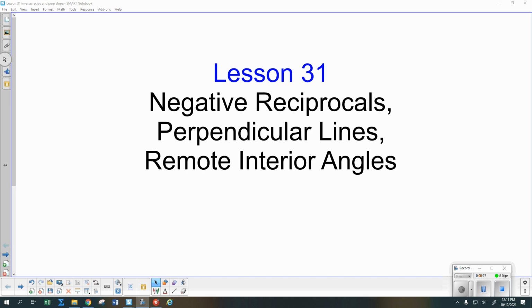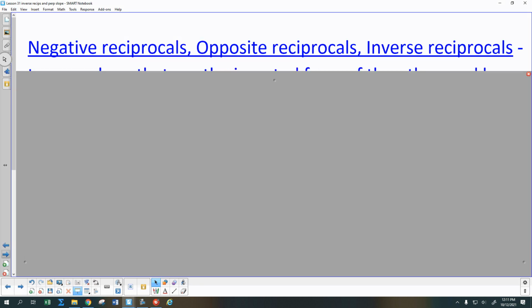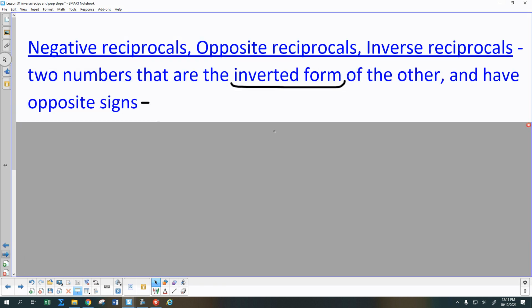Good. So what Ted is reminding us is the negative means one is positive and one is negative, and reciprocals are where you take a fraction and you simply flip it upside down. So if you just want to say upside down, and one positive and one negative, that's what we're talking about with negative reciprocals.